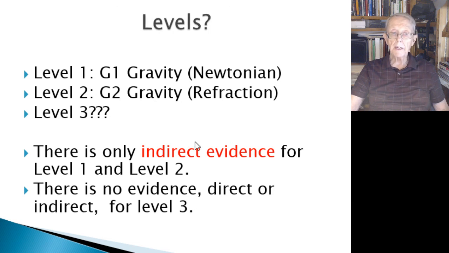There is only indirect evidence of G1 and G2. Newton saw indirect evidence, apple and moon. I showed you indirect evidence using refraction that there is possibly a force that looks like gravity, and we're calling that G2 gravity. There's only indirect evidence for levels 1 and 2. Could there be a 3? There is no evidence, direct or indirect, that 3 could exist, although the model might suggest so.